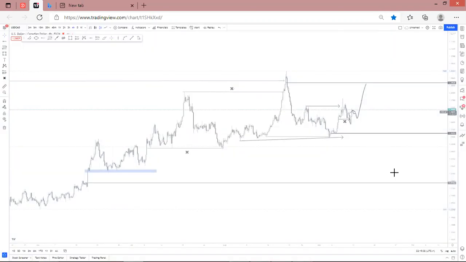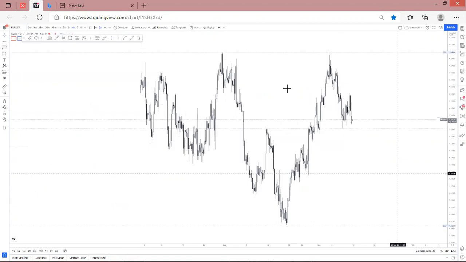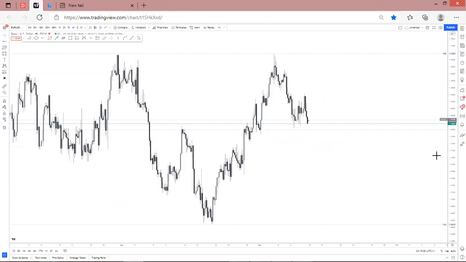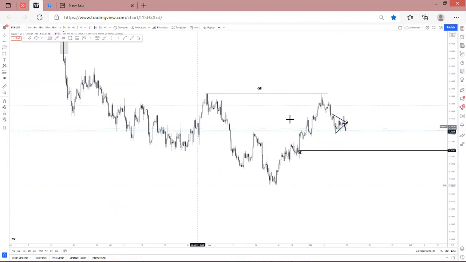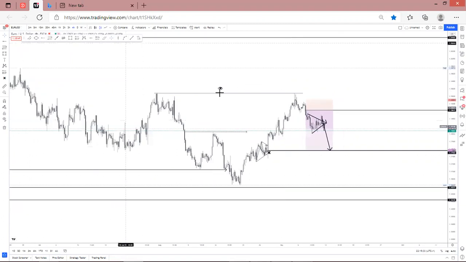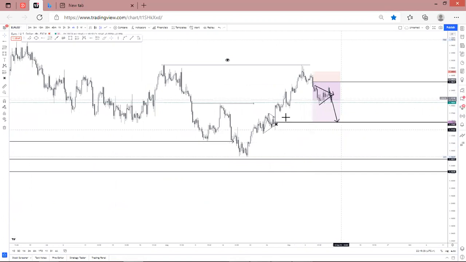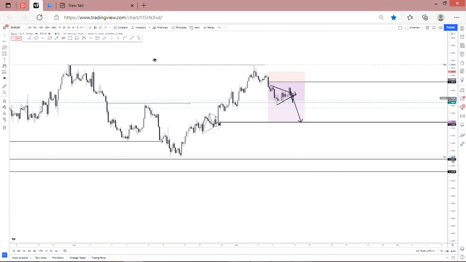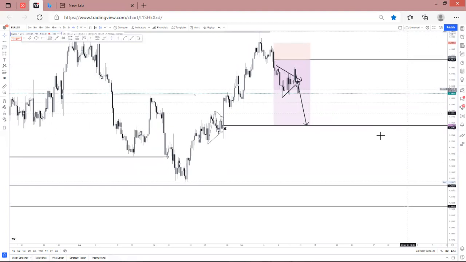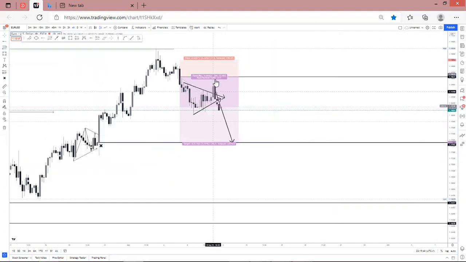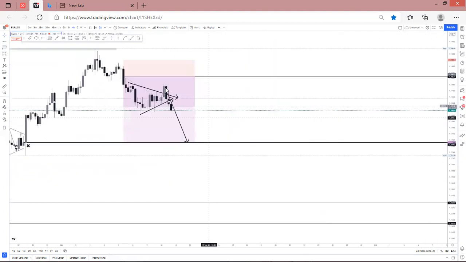Euro USD. Last week we got this move right here, so I'm still anticipating for price to drop. Last week, these are manipulated patterns. I marked it out because I noticed that price is trying to accumulate a little bit in this form.